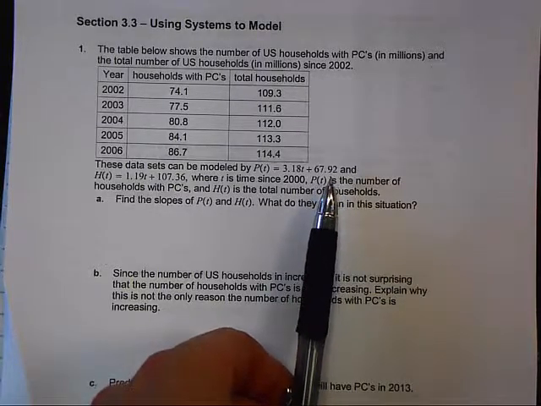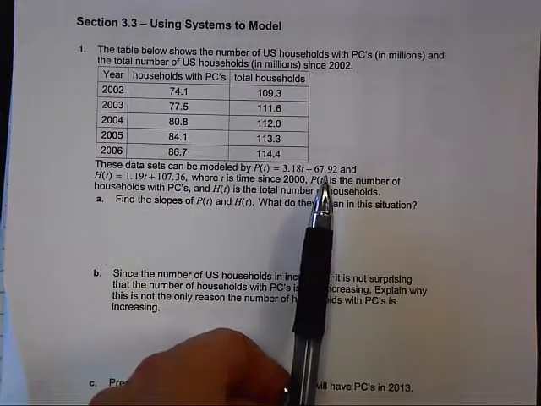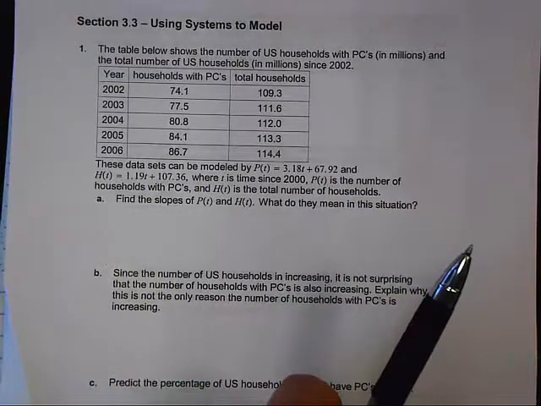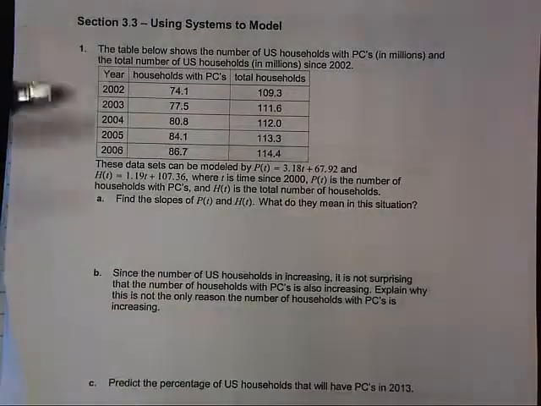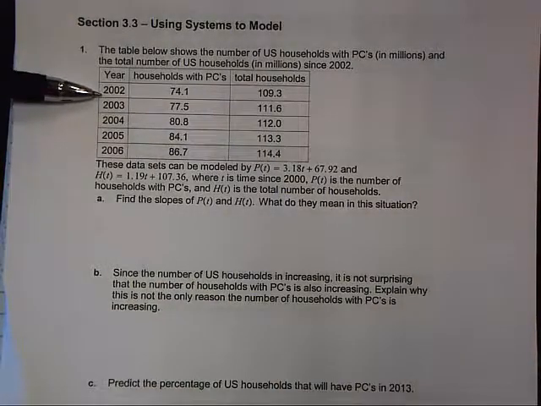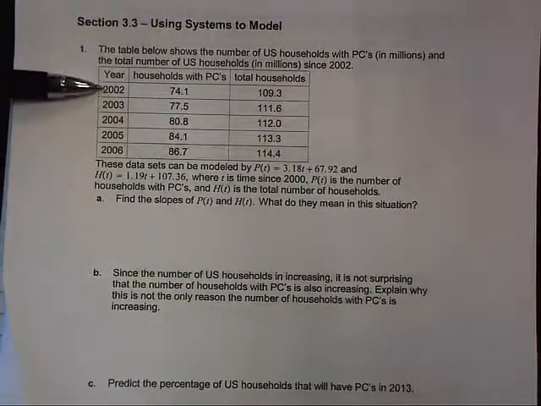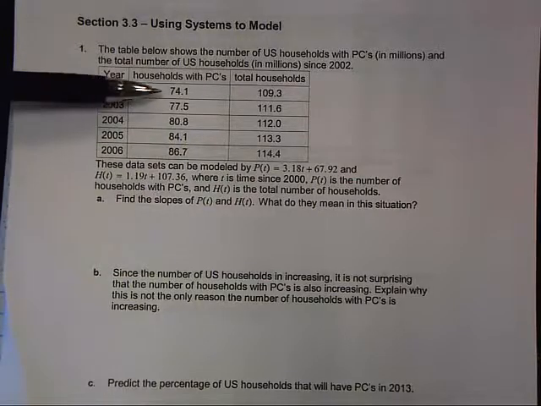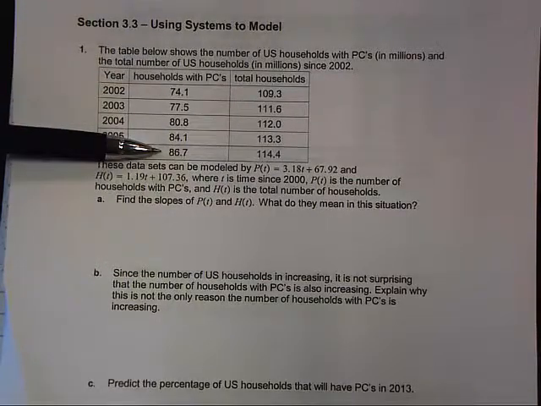It says since 2000, so 2002 would be the year 2, then 3, 4, 5, 6. Okay, and then what do I do? Then your other point on the graph would be 7, 74.1. Yep. And then?